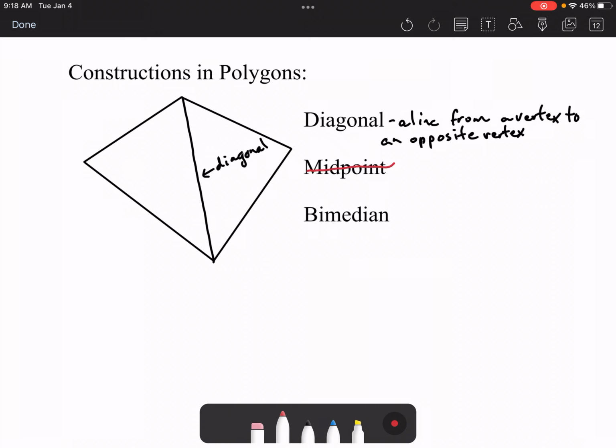We've already gone through the construction of a midpoint, so I'm going to find a midpoint of one side. And I'm going to find a midpoint of another side. Well, a bimedian is a line from one midpoint to an opposite midpoint.